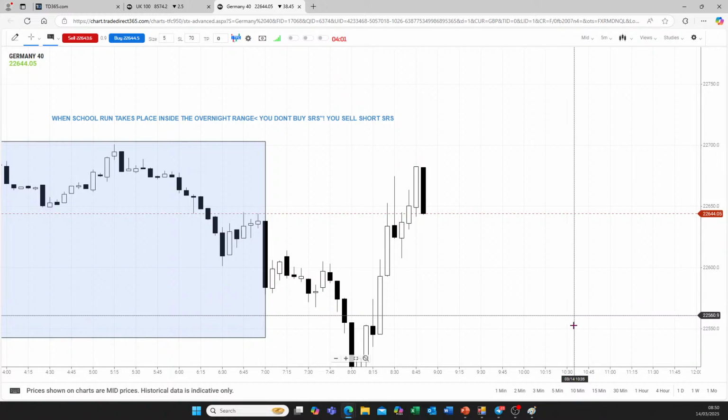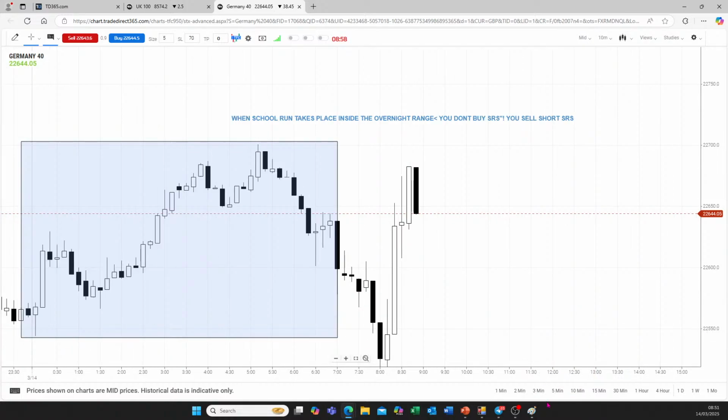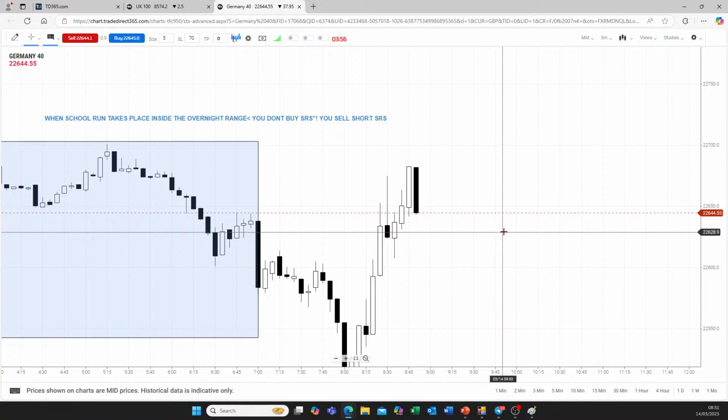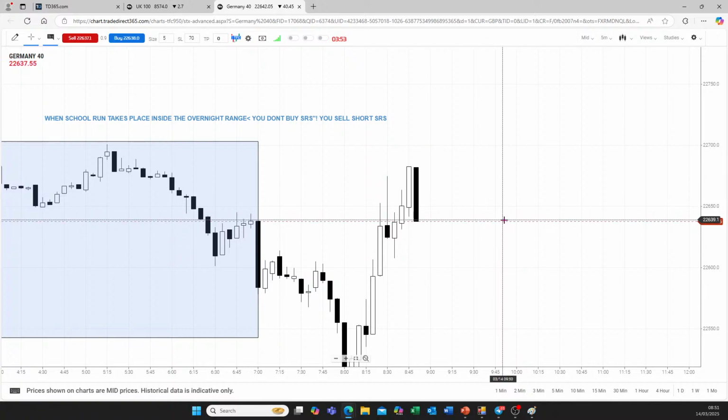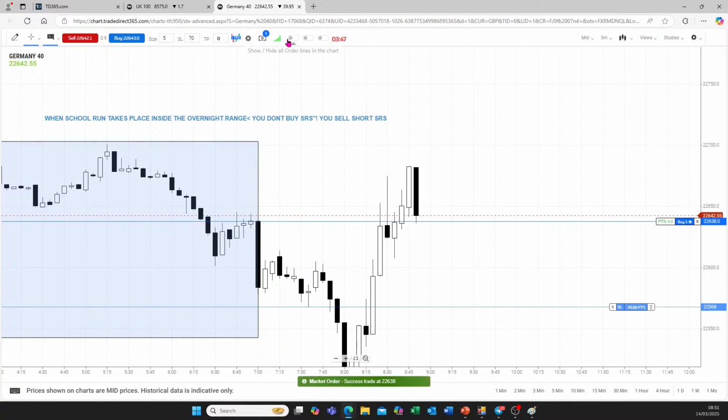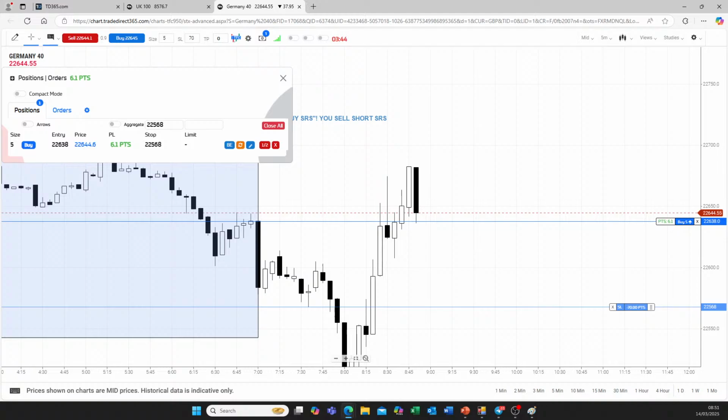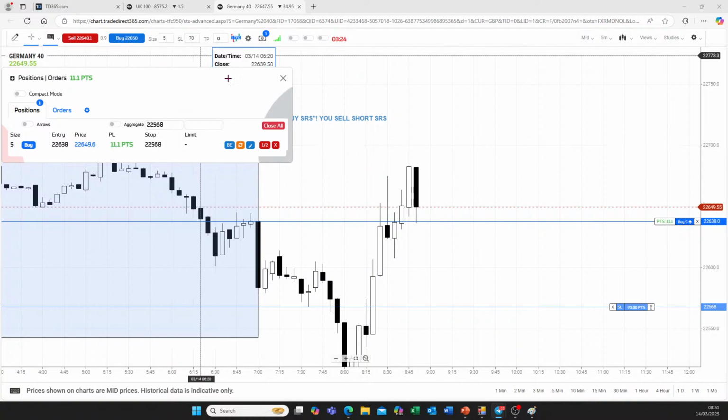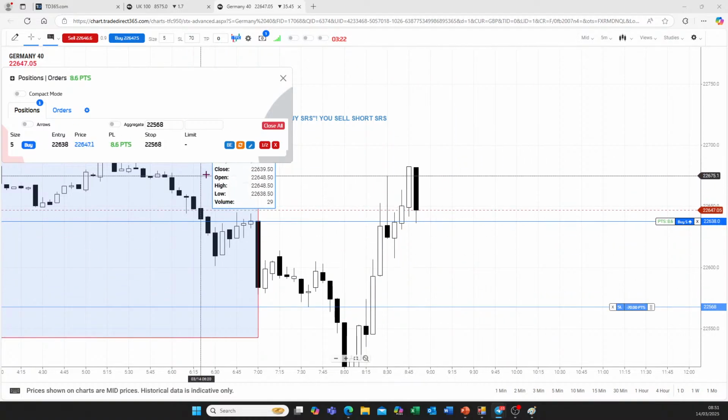Stand by. The DAX wants to be a buyer below prior bar low. I'm going to buy the DAX here. I'm not going to use the 70-point stop loss.